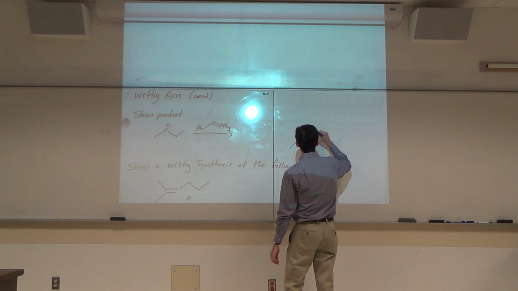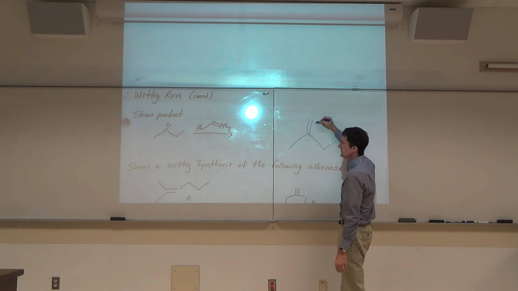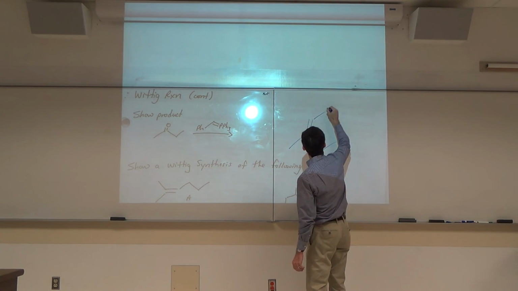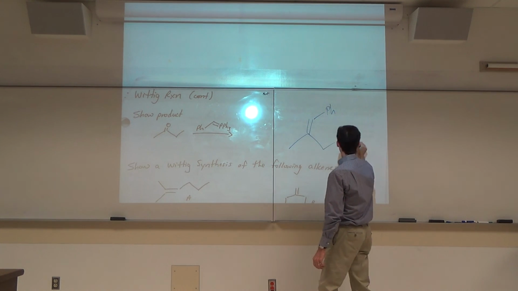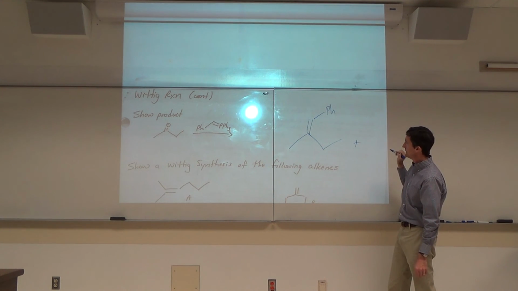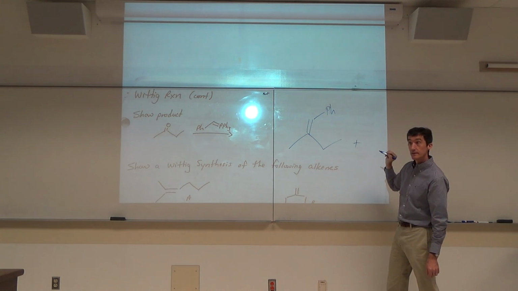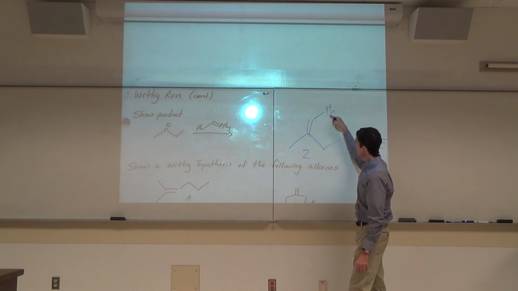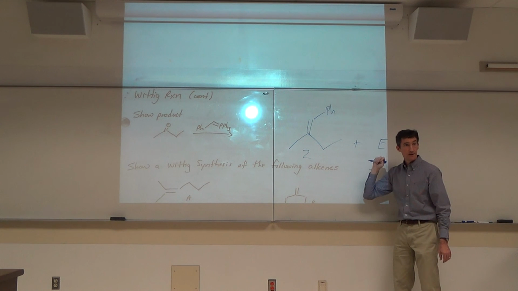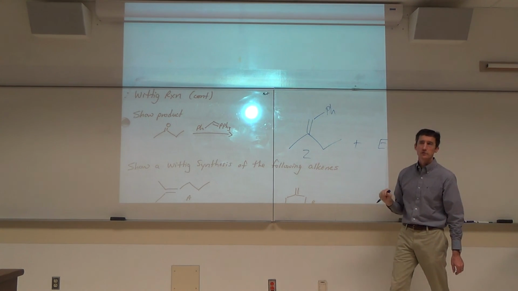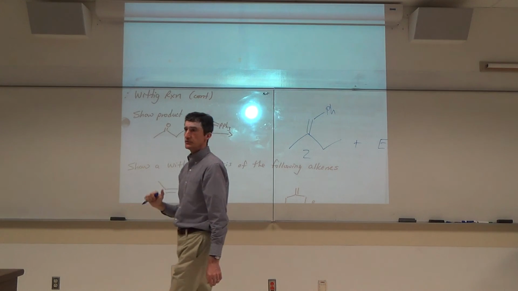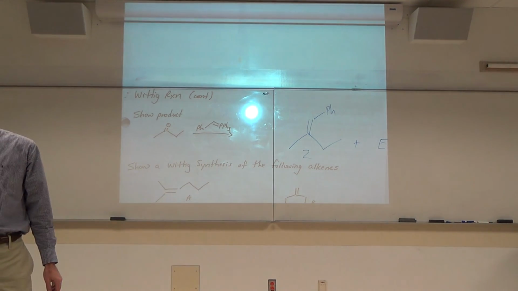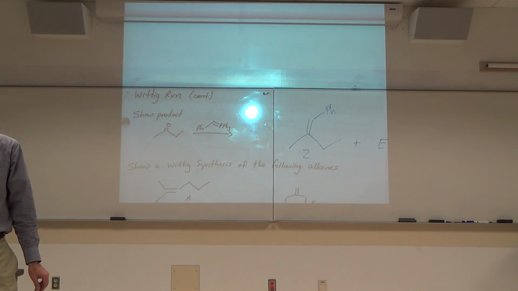Boom, boom, boom. Double bond. Instead of oxygen, it's double bonded to what? A carbon with a what? Phenyl. Yeah. There you go. Plus what? Somebody said it. Plus E. Because that is what? Z. Ethyl and phenyl are your priority groups on the same side. But you're also going to get E. Those you'd have to separate. Now, sometimes they're easily separated by recrystallization, or sometimes they're not.